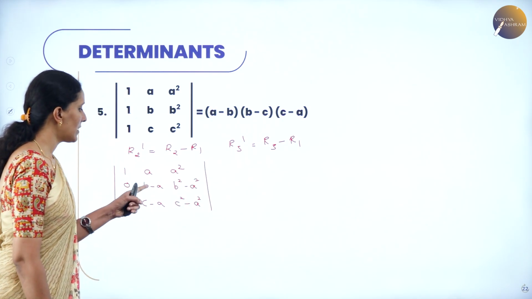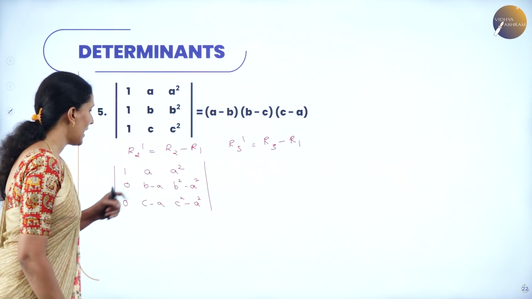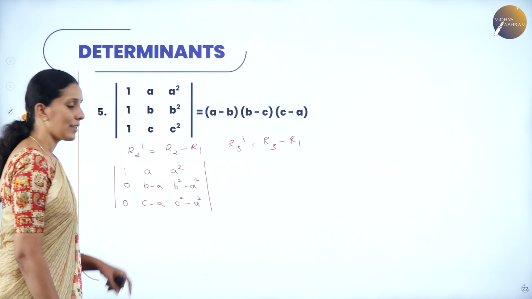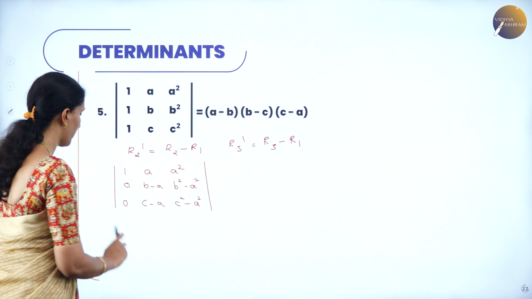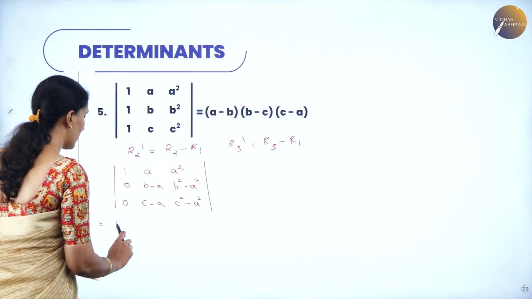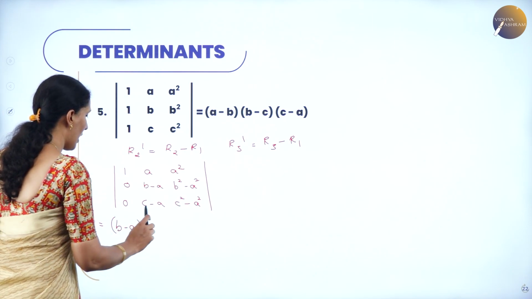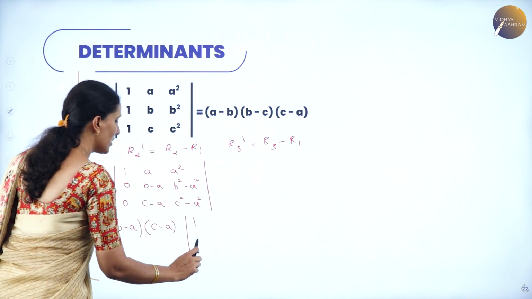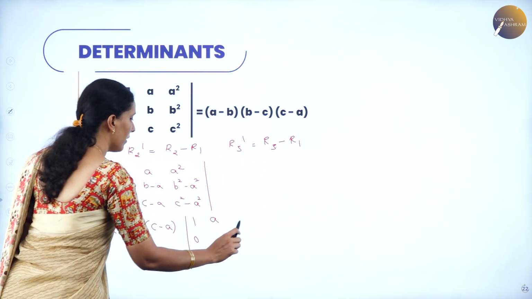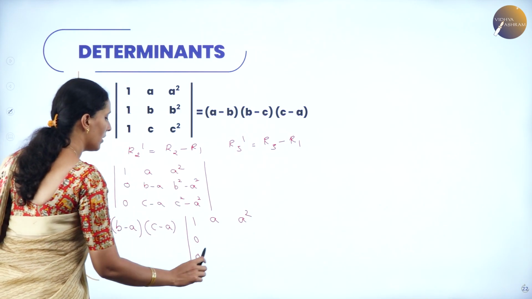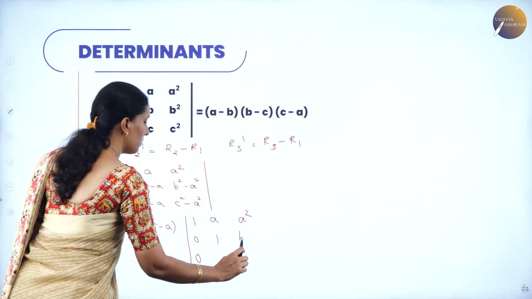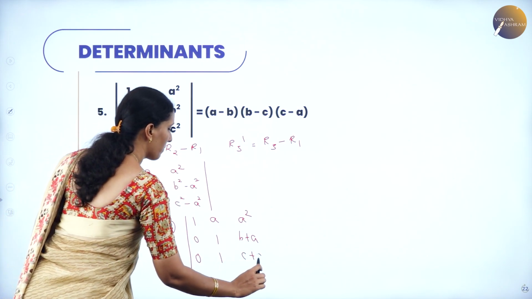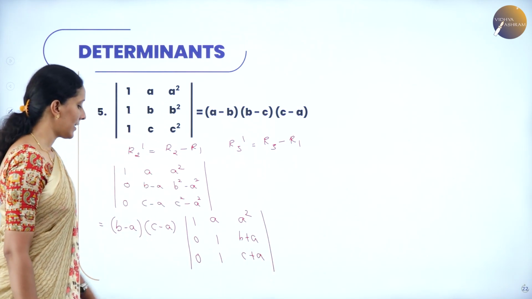And here you can see, you can take b minus a as a common factor in the second row and c minus a as a common factor in the third row. So if you take b minus a and c minus a as common factors, here you have 1 0 0, a square, and here it becomes 1 b plus a, and here it becomes 1 c plus a. Now let us expand it.